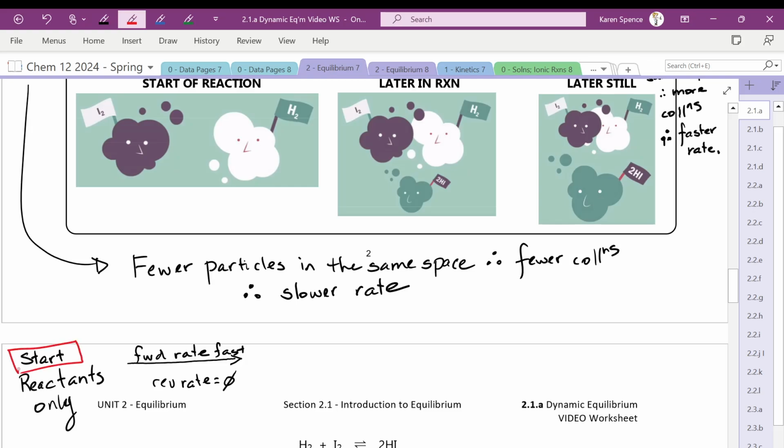Now, as time goes on, what was happening to the forward rate? The forward rate was decreasing, so the forward rate is now medium. Yes? And what was happening to the reverse rate? It's increasing, so we now have some reverse rate.